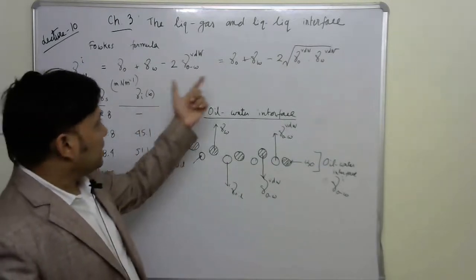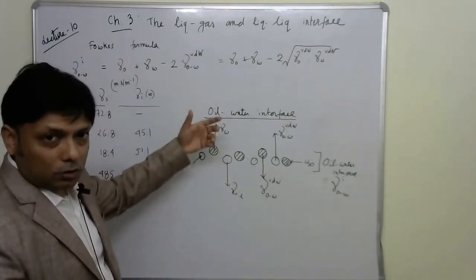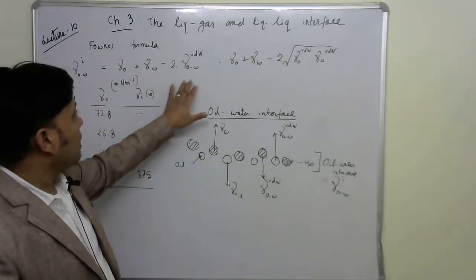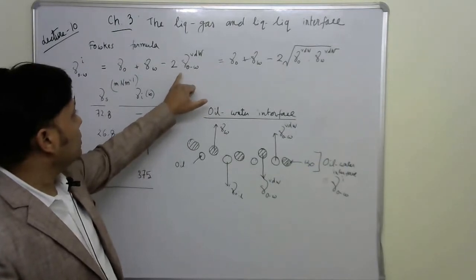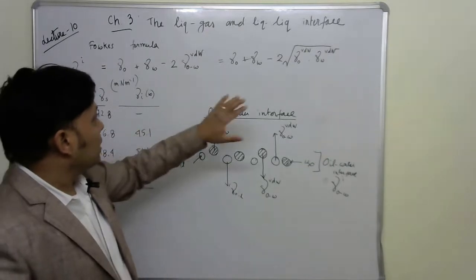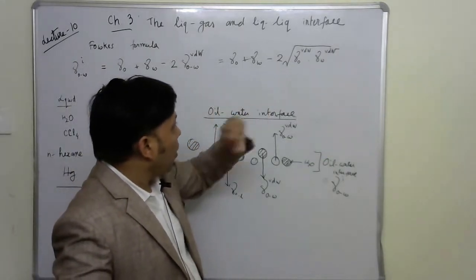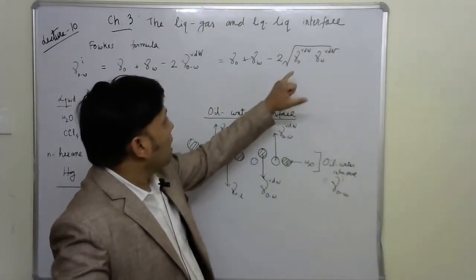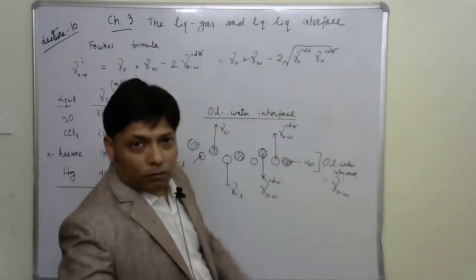So at the next step, Fowkes showed how to find this gamma oil water van der Waals. It is the geometric mean of the individual gamma oil van der Waals and gamma water van der Waals.